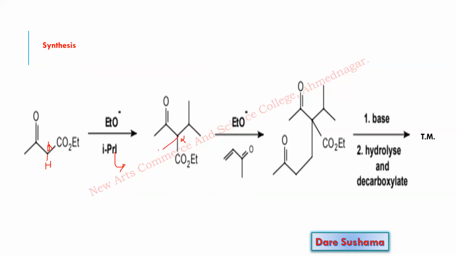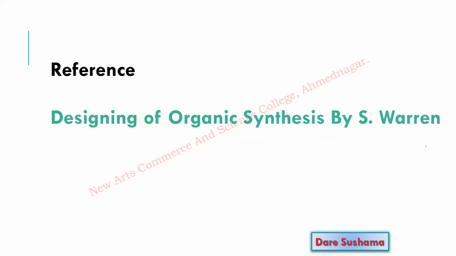Again, one more proton is there. That proton you have to abstract with ethoxide. So abstract this proton and then attack the Michael acceptor, and that gives you this Michael adduct product. After this, you don't want the ester, so basic hydrolysis and then decarboxylation gives the target molecule. So for this, you refer to the book.